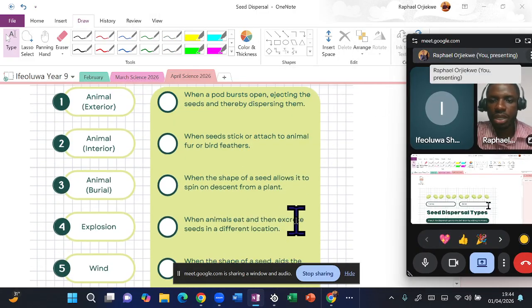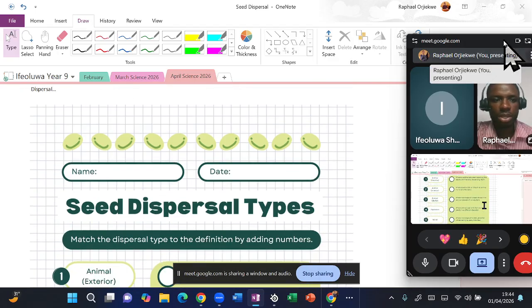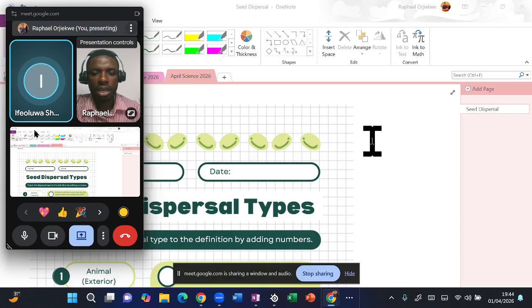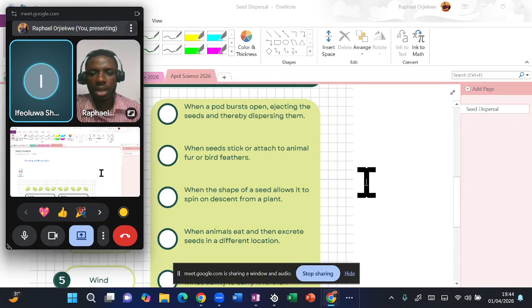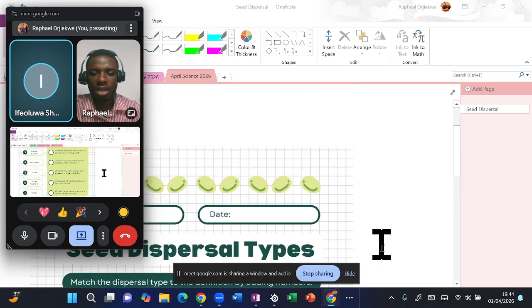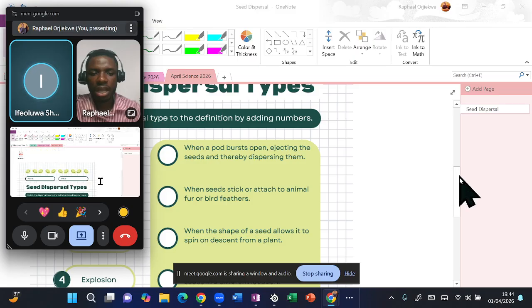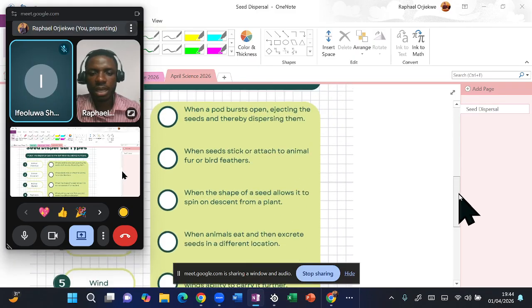Okay, so tell me, can you see this? Have you been able to access your OneNote? Yeah. So I want you to answer this. If you're able to answer it in the next 5 minutes, then we'll get to Kahoot and answer some questions on Kahoot before we call it a day.